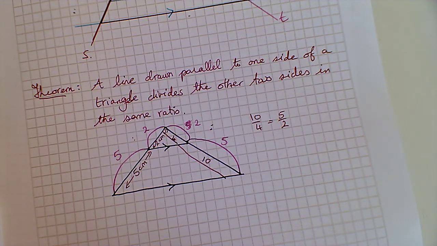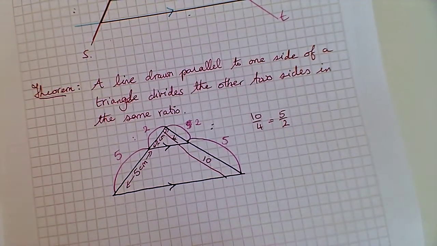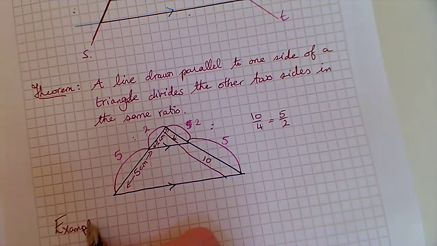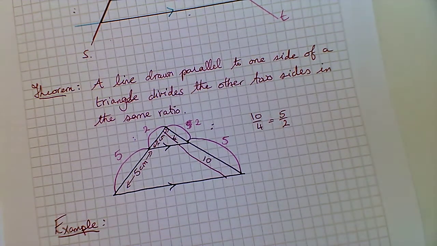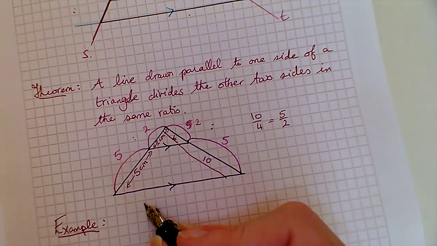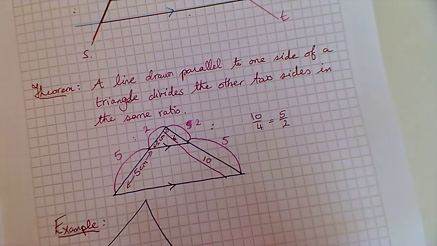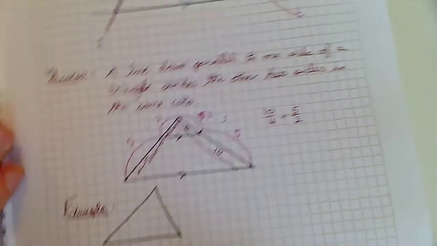Let's apply it with an example. So an example to go with this. We're going to have a diagram again of a triangle, like so. Just making sure that that's on the screen. It's not.